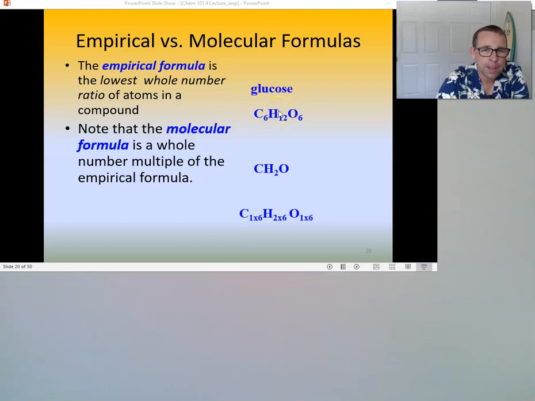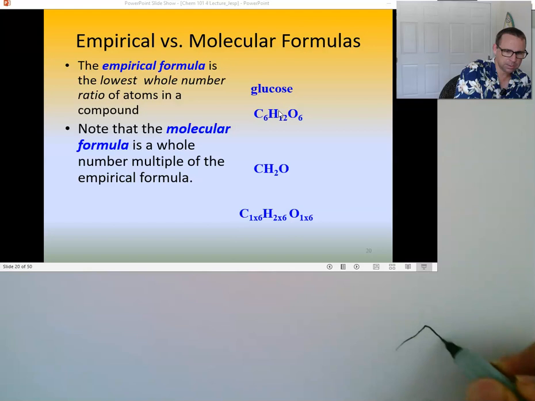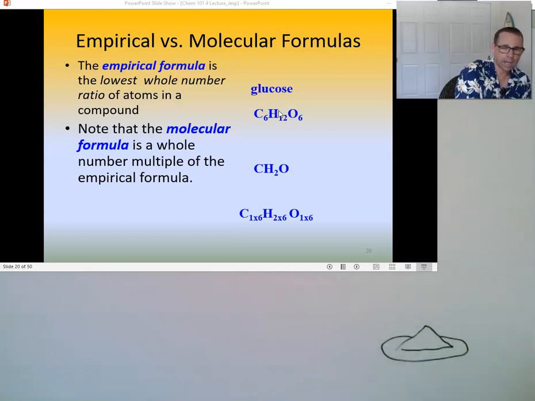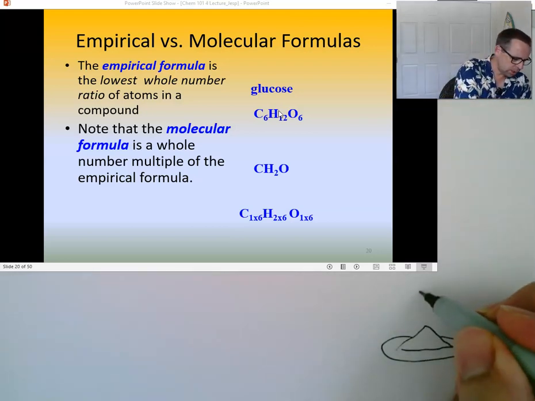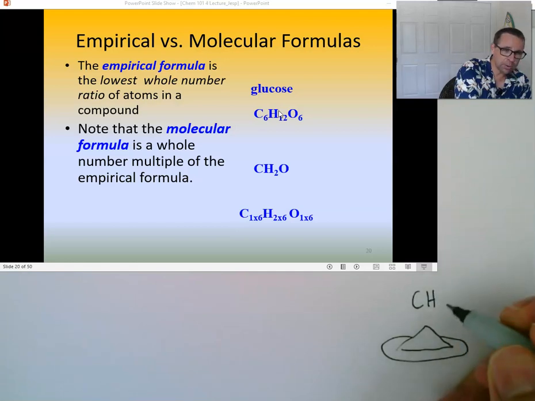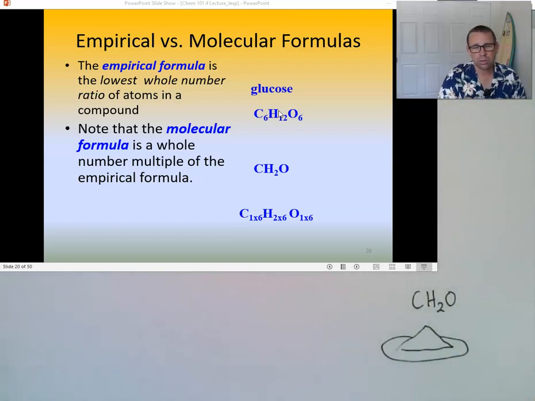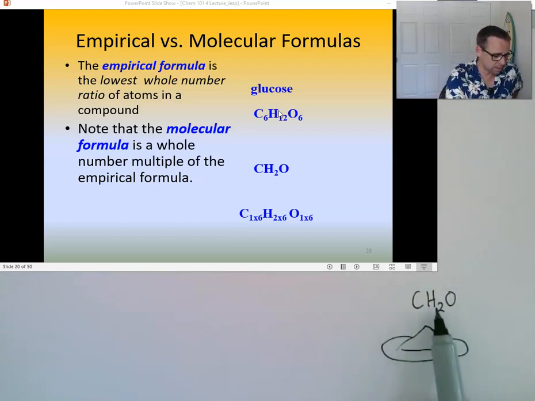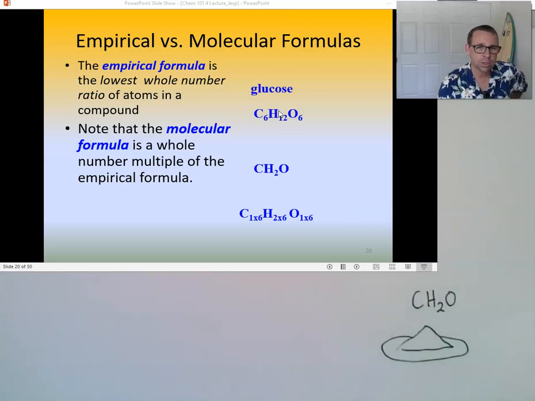However, if you had a pile of material, and I don't know what it is, and I'm trying to find out what it is, as the chemist would do different experiments, they would find out first that the chemical ratio of the elements is C, 1 carbon, 2 hydrogens, and 1 oxygen.